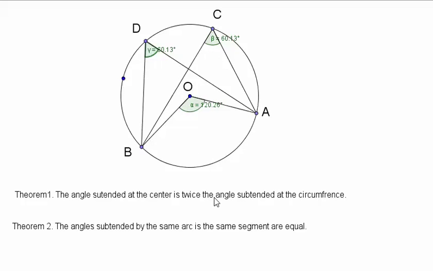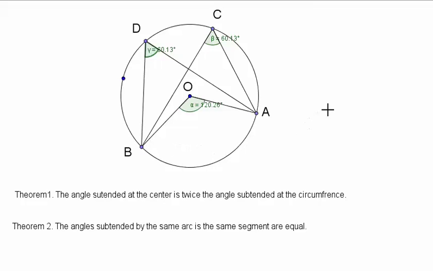So based on our diagram and calculation, this theorem holds true: the angle subtended at the center is twice the angle subtended at the circumference. Now of note, all these angles must come from the same two points on the arc.